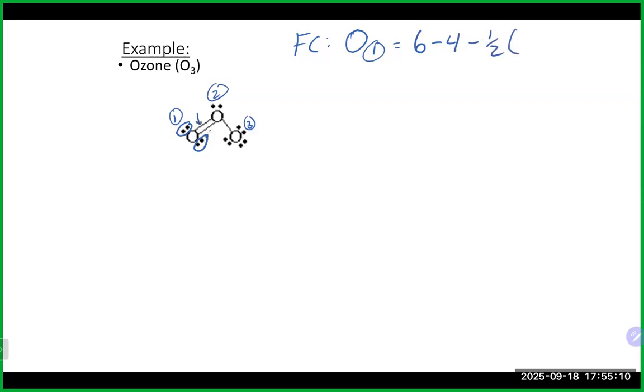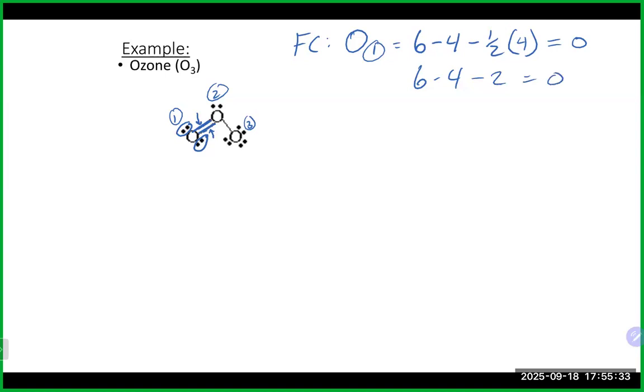Remember, each of these bonds have 2 electrons, so that's going to be 4, and that would give you 6 minus 4, which is 2, minus 1/2 of 4, which is 2, which is 0, would be the formal charge. Now, if you want to count bonds, you would just do this, 6 minus 4 for the non-bonding electrons, minus each individual bond here, which is 2, and you get 0 as well.